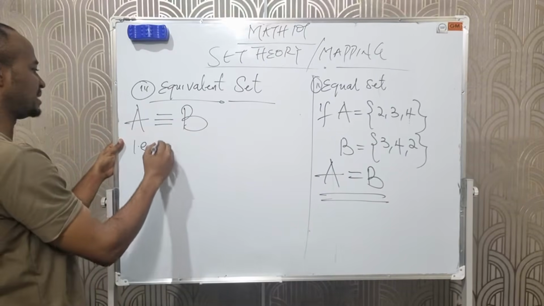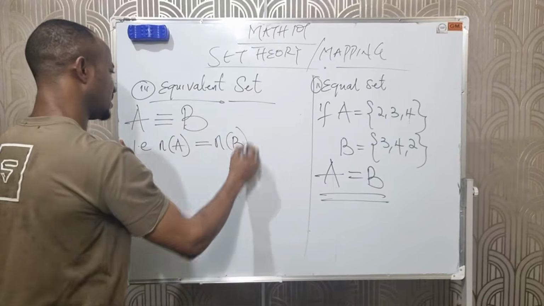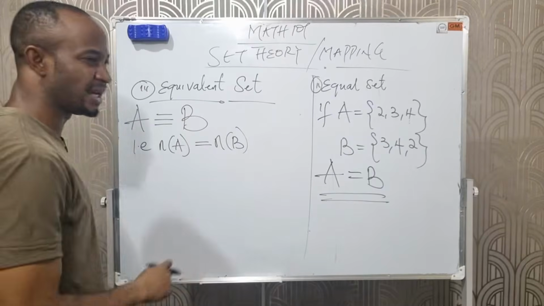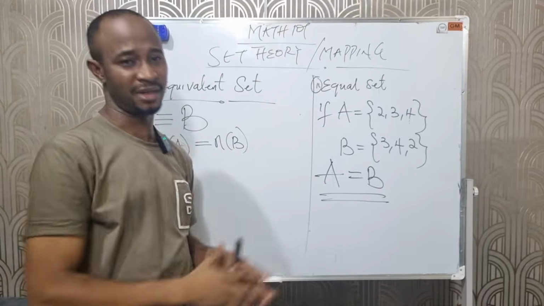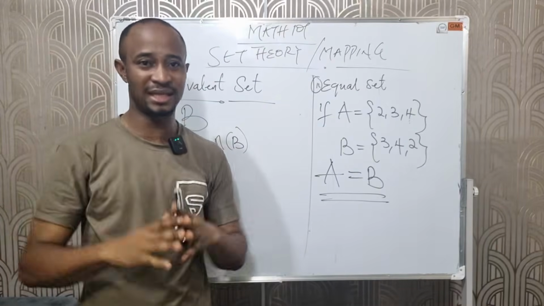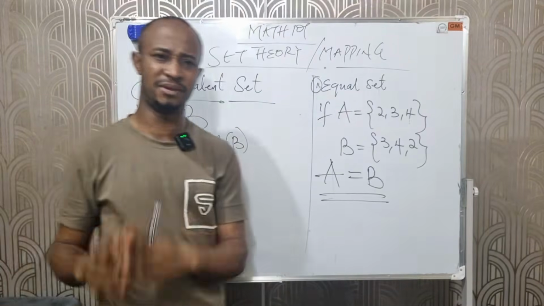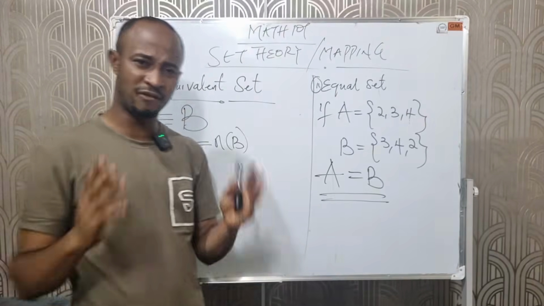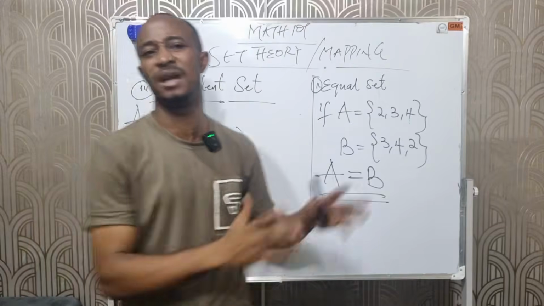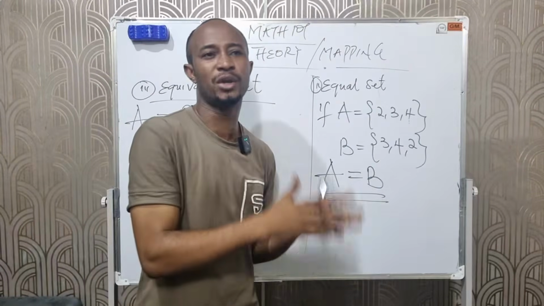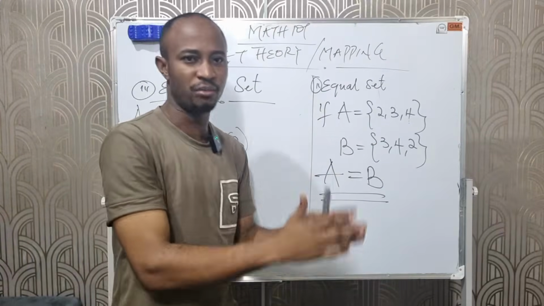That is, the number of elements in set A is equal to the number of elements in set B. Regardless of the types of elements they contain, even though they do not contain the same elements, or they don't have any intersection or anything in common, as long as the number of elements in set A and set B are the same, that means they are equivalent, but they must not be equal. Equal sets can be equivalent, but equivalent sets are not always equal, but equal sets are what?